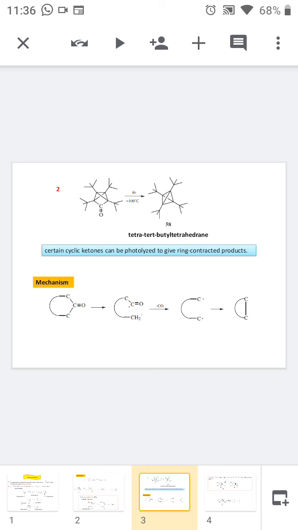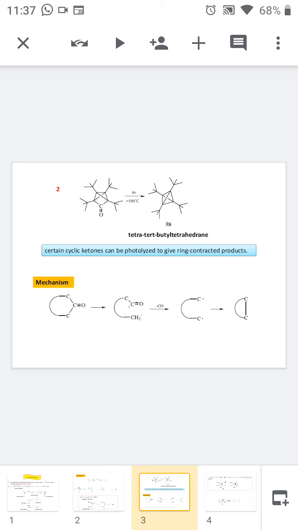During photochemical reaction, it will readily eliminate carbon monoxide and we will get substituted cyclobutane. So cyclobutane is highly stable because of this substitution, ethyl substitution. And here we can see that by the elimination of the carbon monoxide, we can contract the size of the ring.